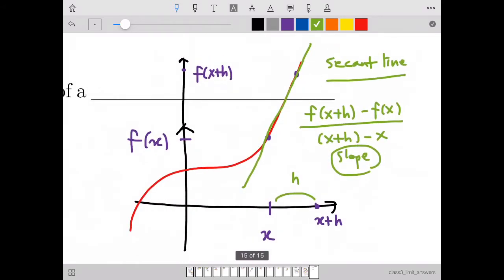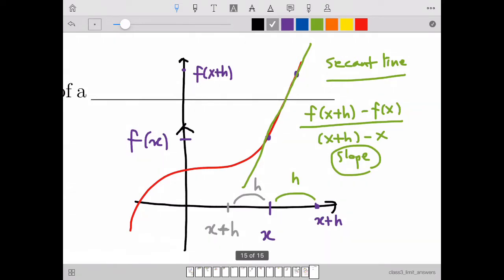So h can be over there, and if h is less than 0, then we get x plus h still, since h is less than 0.